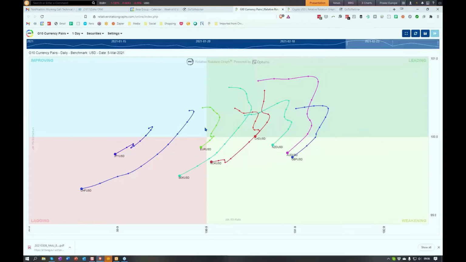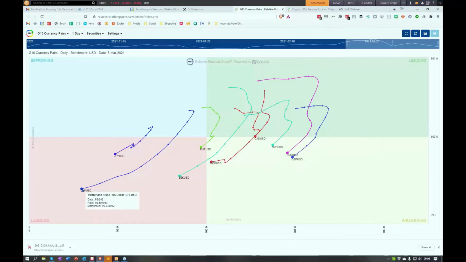One final thing to say is anything which is sitting near the cross, like the euro is here, is moving with the benchmark, in which case the dollar. So the euro is moving with the dollar itself. As the dollar goes up, dollar goes down, the euro does the same.